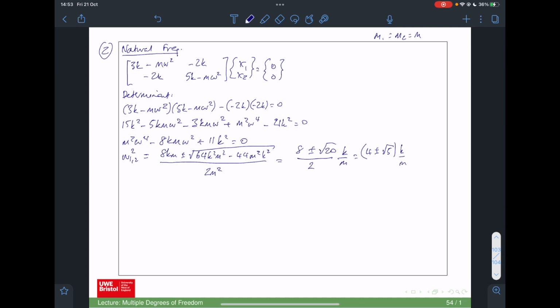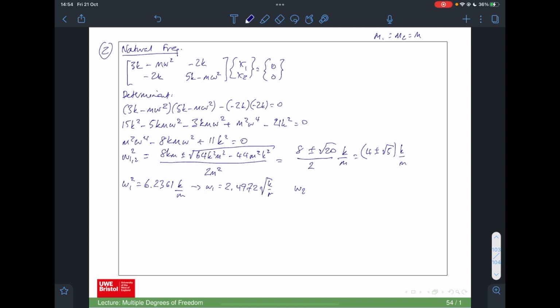So omega 1 squared is going to be 6.2361 k upon m. So that means omega 1 is 2.4972 root k upon m.